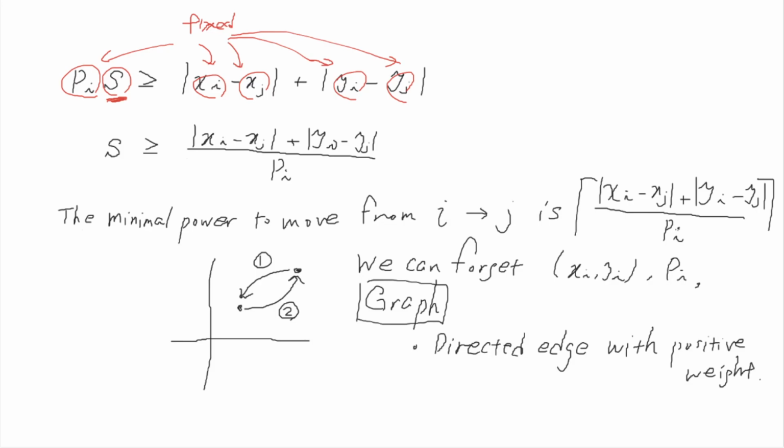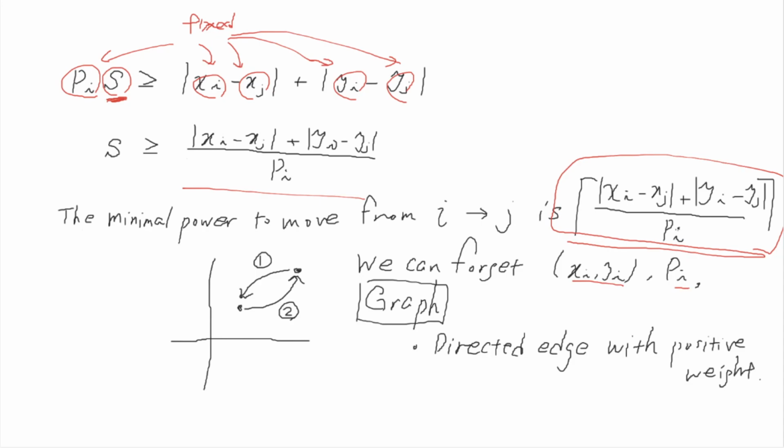So solve it for s, and using the ceil function here, then we get the minimal power to move from i to j. Then we can forget the coordinates xi, yi and the trampoline power.